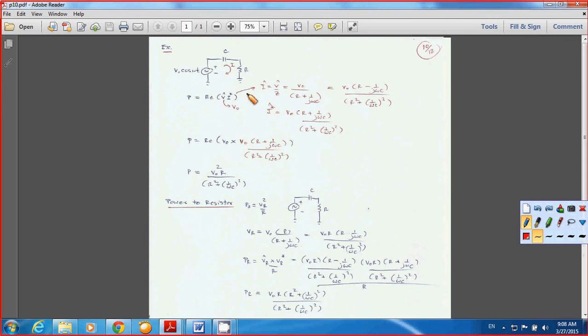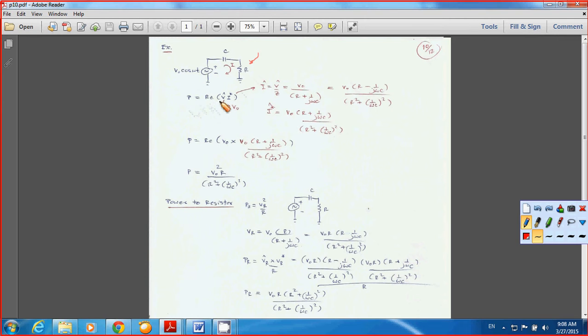Take a look at another circuit. You have C in series with R. What I want to point out is that all the power will transfer to the resistor here, and the resistor is at the output.